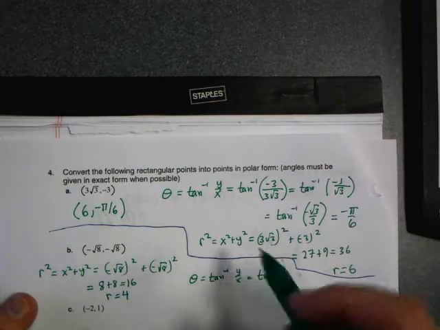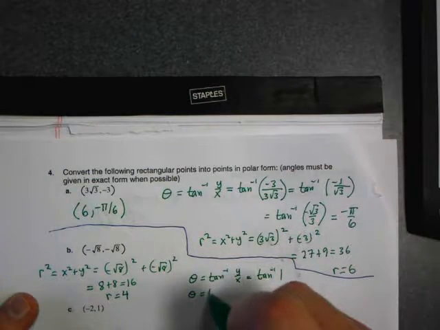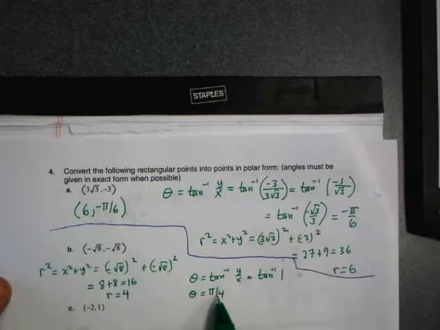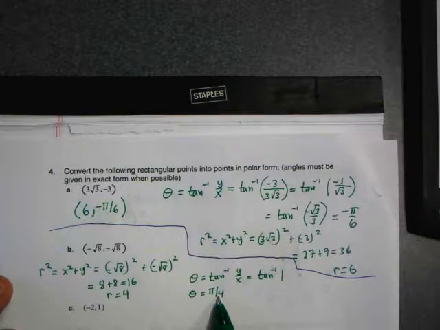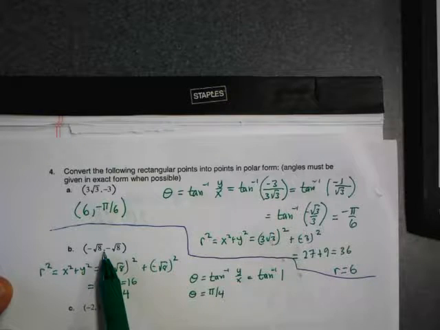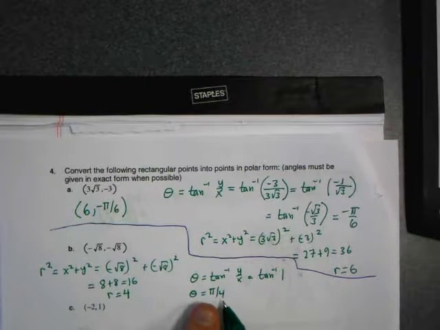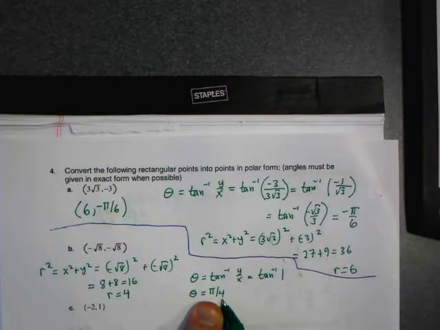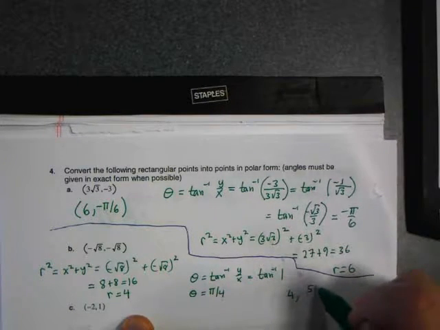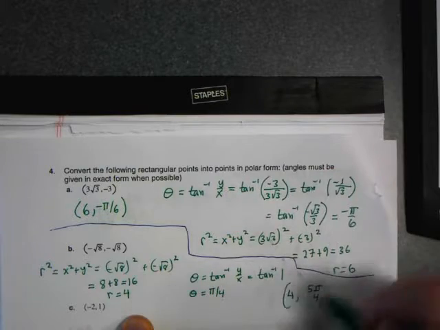So theta is pi over 4. And you can see the problem that we have. Theta is pi over 4, which is in quadrant 1. But our original point was in quadrant 3. So we have two choices. One choice is we add pi to this angle. So one correct answer would be 4, comma, 5 pi over 4.